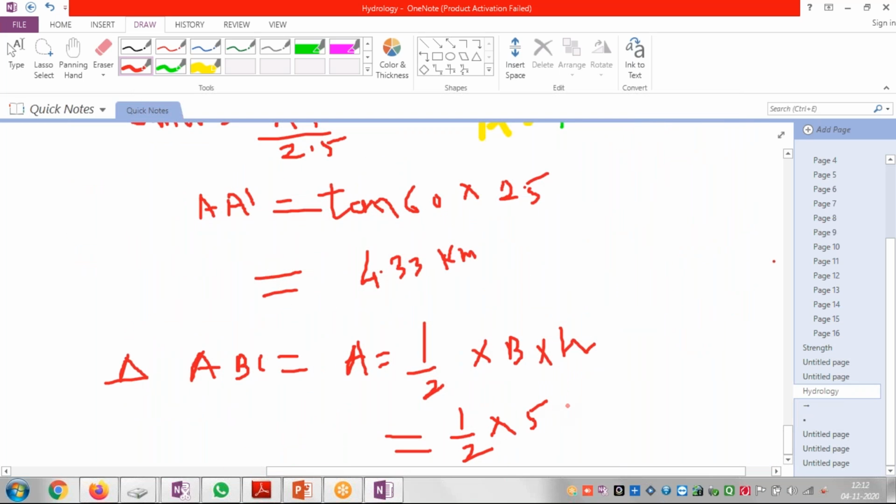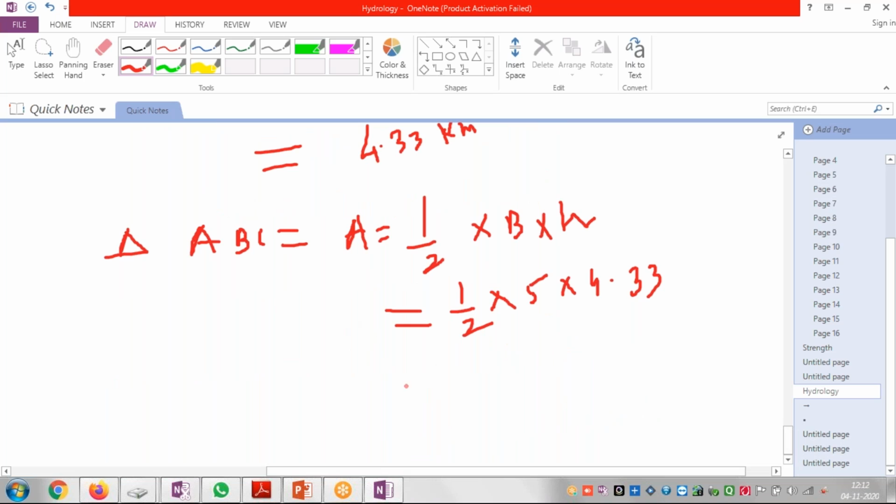So it will be half into 5 multiplied by 4.33. Can anyone tell me what would be the area of the triangle? That will be 10.825 kilometer square.